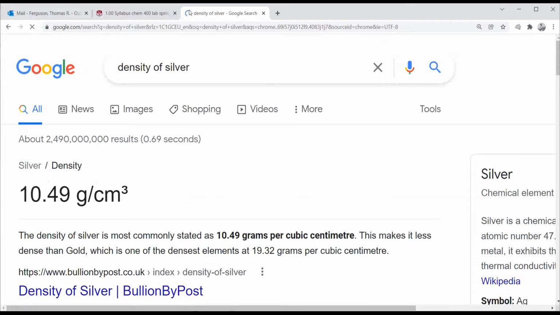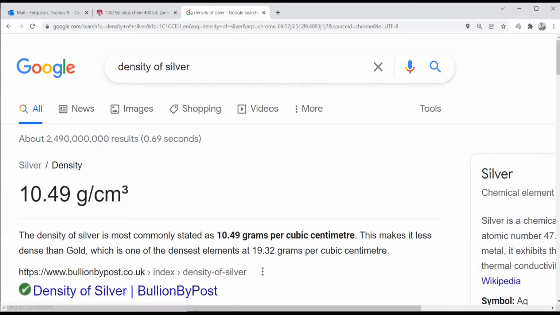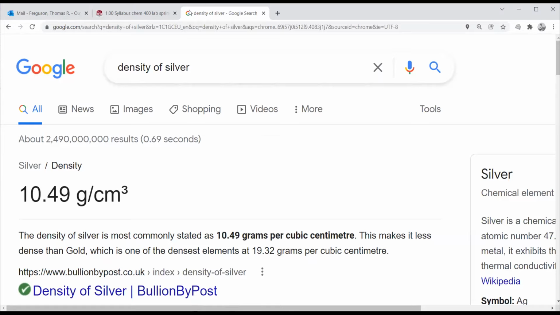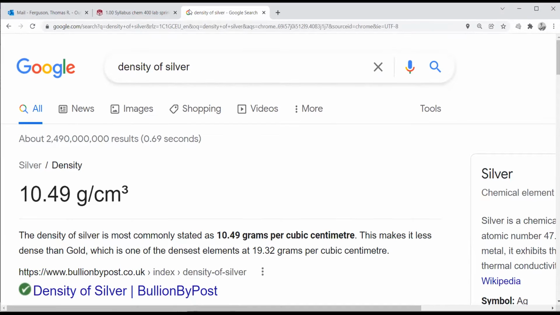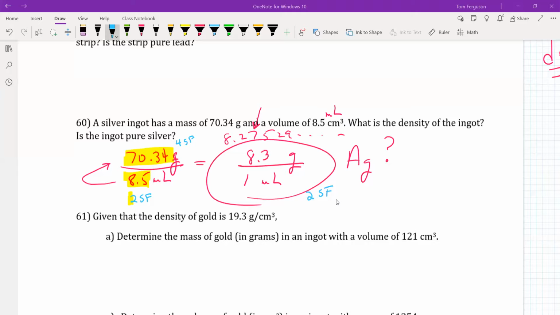If we look up the density of silver, it's 10.49 grams per milliliter. So where's our ingot of silver pure?